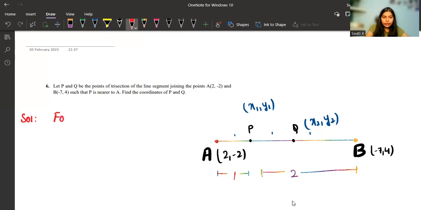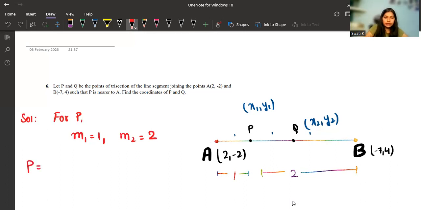So for coordinate P, because of course P is dividing the line segment AB into the ratio of 1:2, we can write down the ratio as M1, which is 1, and M2, which is 2. Now let me tell you the formula. The formula to find out the coordinate on the line segment is given by this formula.